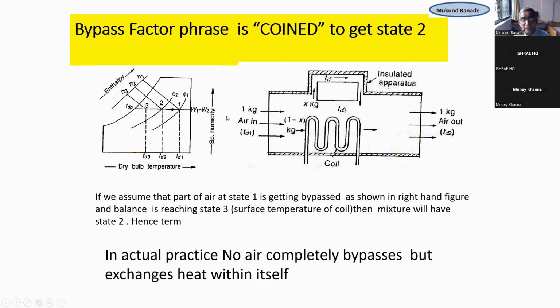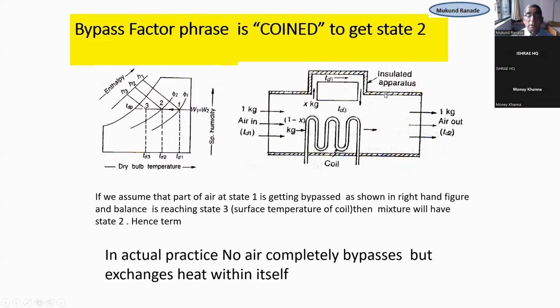Every coil, every heat exchanger, has some efficiency. So we land up somewhere at point 2 when the surface temperature is 3 and the inlet is 1, because of the inefficiency of the coil, because we are not giving infinitely large surface area.